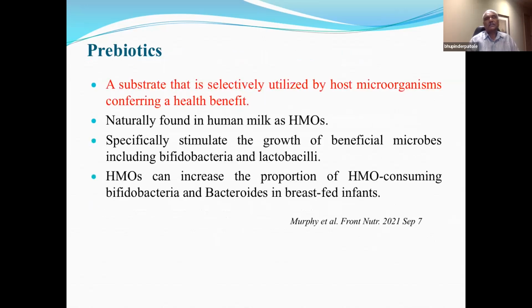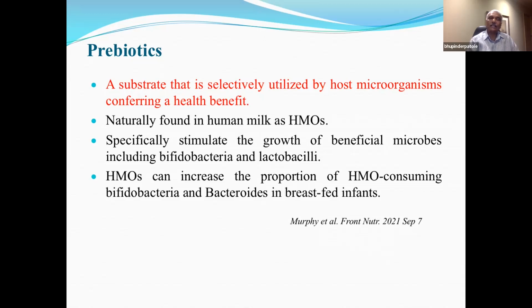We know that when we use the word prebiotics, what we mean is synthetically developed human milk oligosaccharides in the lab. Basically, they are just a substrate that is selectively used by the bacteria in the baby's gut, giving them a proper benefit. So when they are naturally present in the milk, we know they are called HMOs. When you develop them in the lab, they are usually called prebiotics, but the mechanisms of benefit of prebiotics are similar to HMOs.